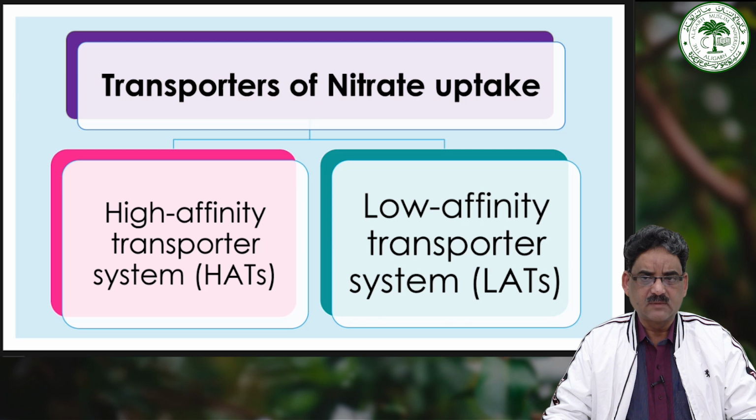These transporters operate within micromolar to millimolar nitrate concentrations. HATS functions effectively at nitrate concentrations ranging from 0.2 to 0.5 millimolar, while LATS operate optimally above 0.5 millimolar nitrate concentration and do not exhibit saturation effects.